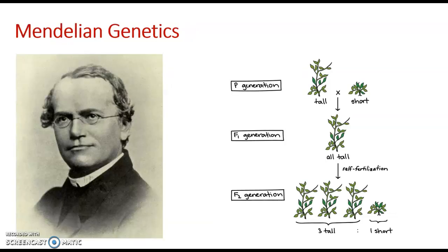We call this the study of Mendelian genetics because much of what we know about it was from work done by this guy, Gregor Mendel. He was a monk during the 19th century, and he conducted experiments on pea plants by crossing plants with different traits and determining the characteristics of their offspring.